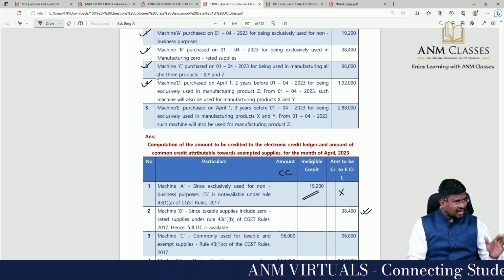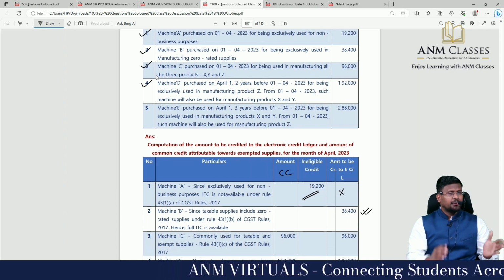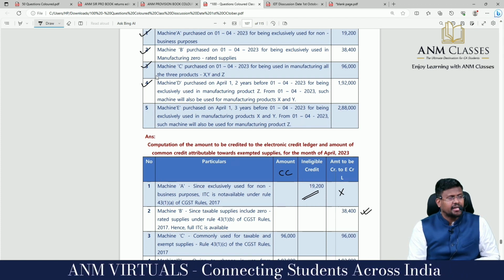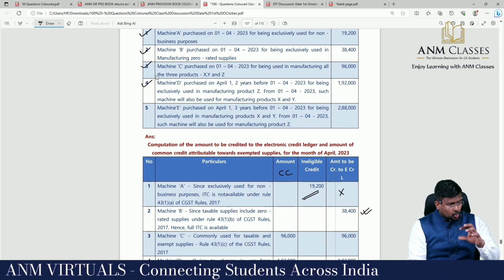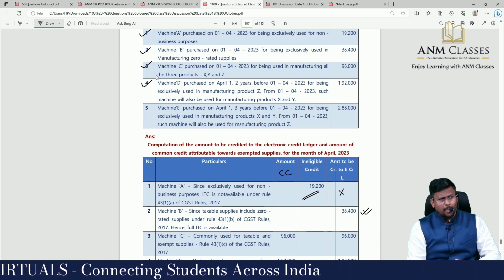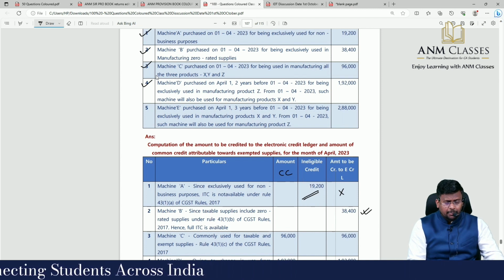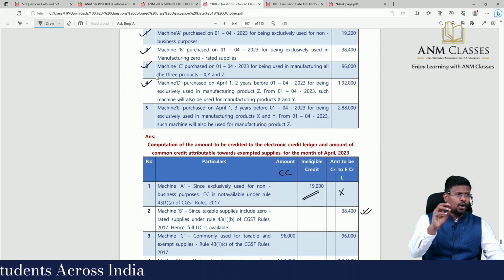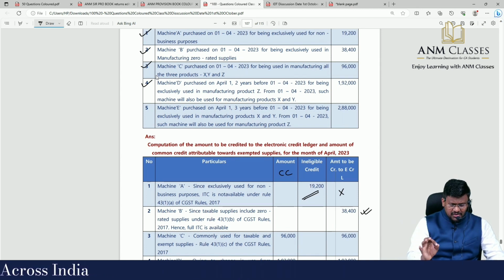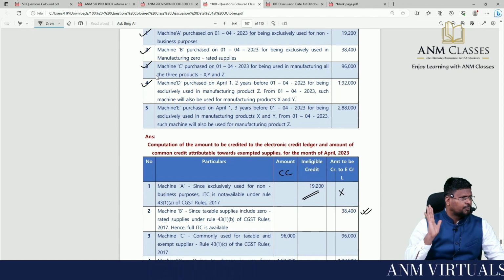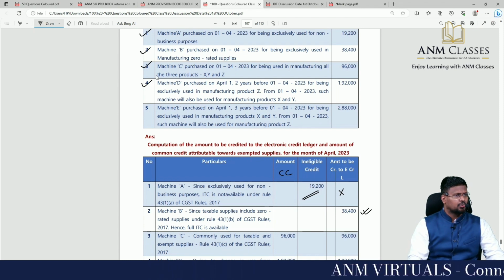For that reason we did not take it to the ECL, but now we are shifting the usage from exclusively exempted supply to common usage. Correct? So the credit attributable to those 2 years you have to put in the dustbin, because for those 2 years you exclusively used that plant and machinery only for exempted supply. Correct?